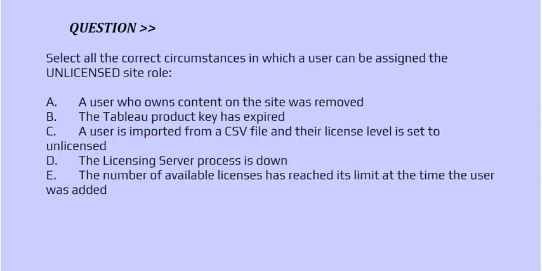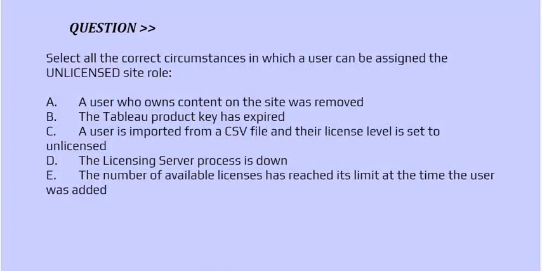Question is, select all the correct circumstances in which a user can be assigned the unlicensed site role. Option A. A user who owns content on the site was removed. Option B. The Tableau product key has expired.